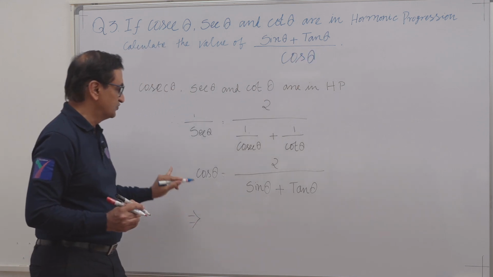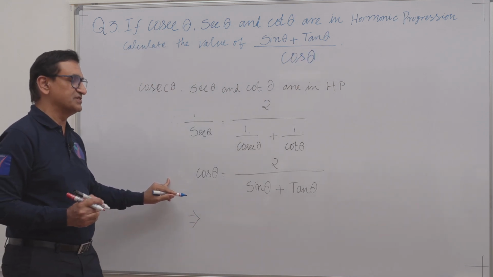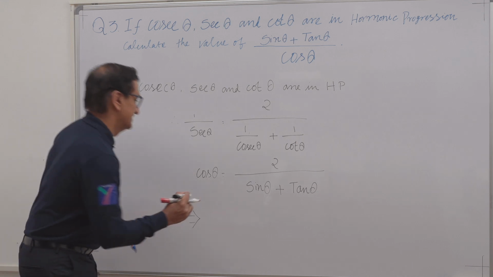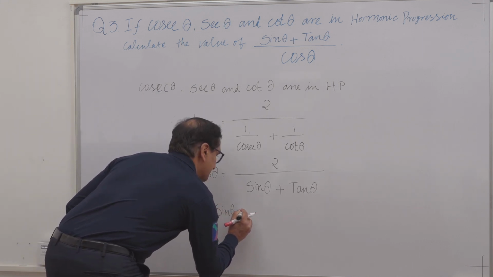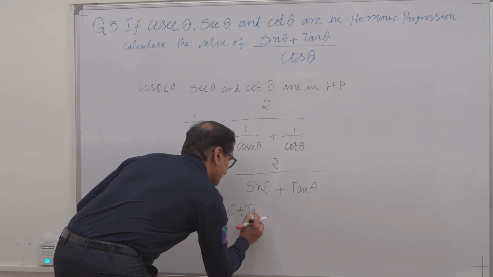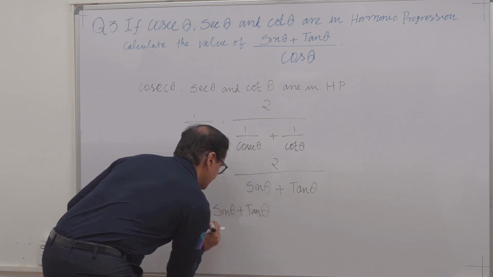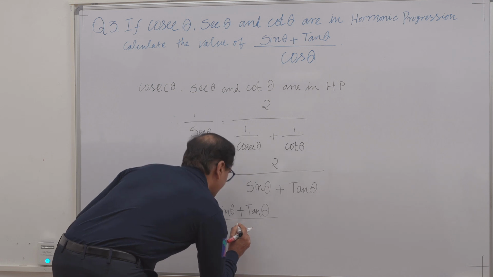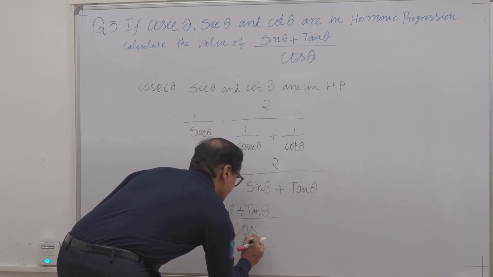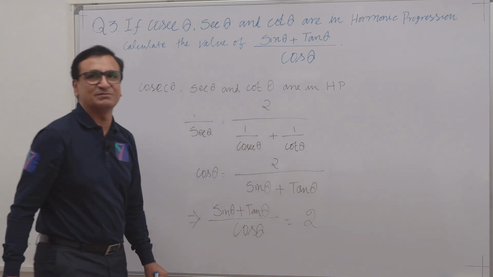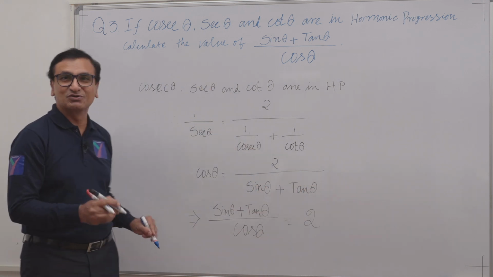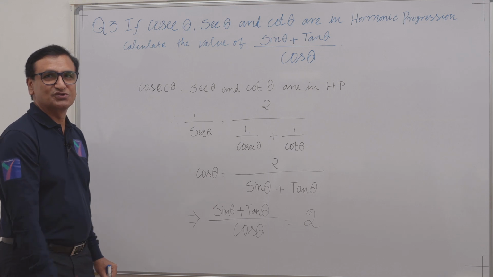Multiply both sides by sin theta plus tan theta, and we have the final answer: (sin theta plus tan theta) divided by cos theta equals 2. So this is our answer. Okay, very simple, quick problem, right? Let's go to question number 4.